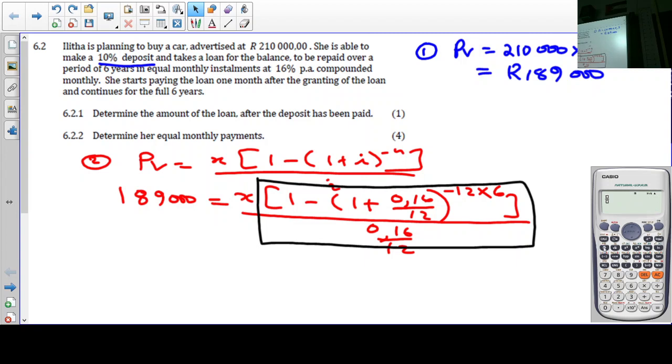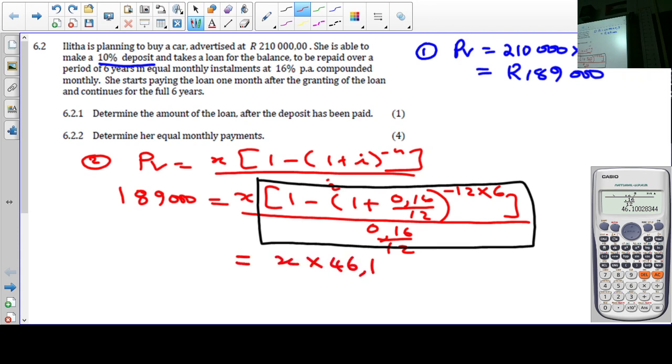Okay, so I'm going to put that in the calculator. So it's 1 minus, open brackets, 1 plus 0.16 over 12 to the exponent negative 12 times 6, over 0.16 over 12. That gives me an answer of 46.01. Okay, so that is X times 46.01, and the number of course carries on.